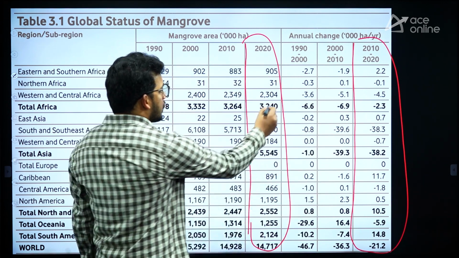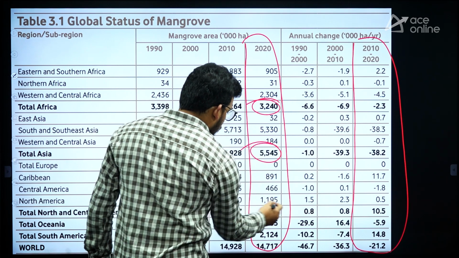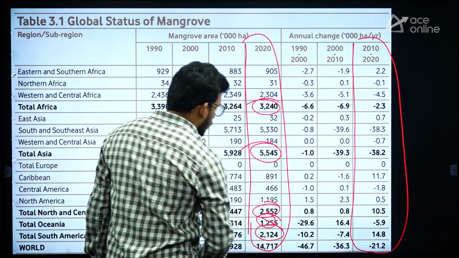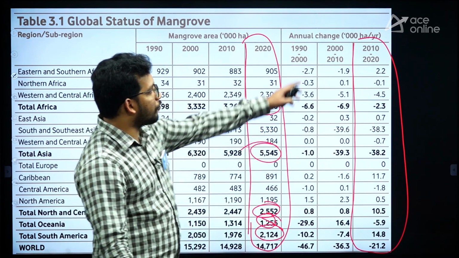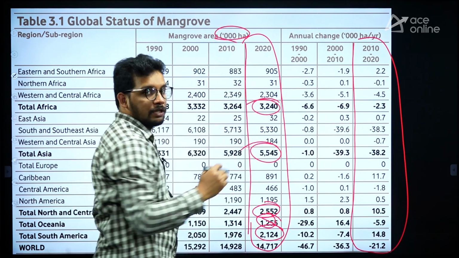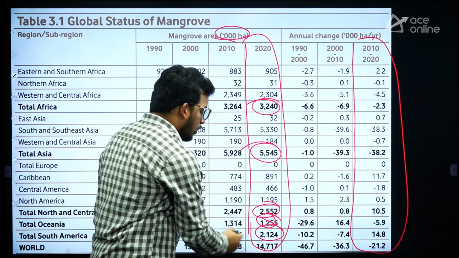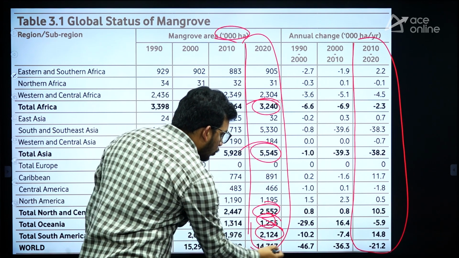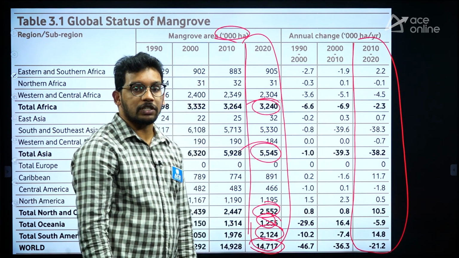So only these two columns are important for us. Now let's see which regions have the highest mangrove forest. The total mangrove forest of the world, in terms of 1000 hectares, is 14,717,000 hectares; areas and units are important.